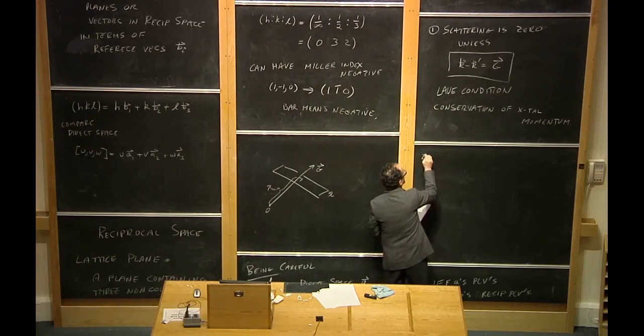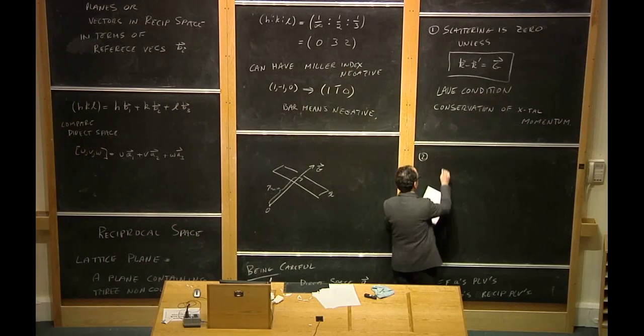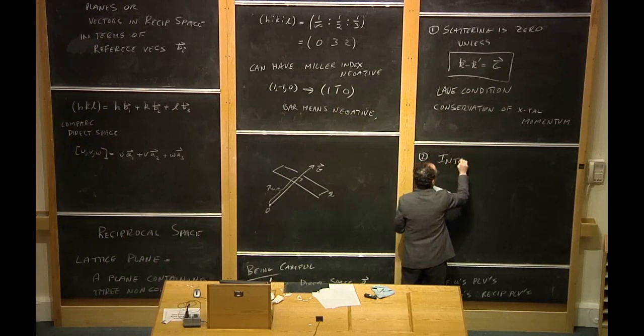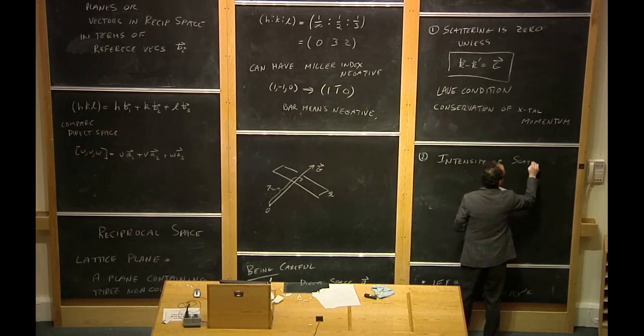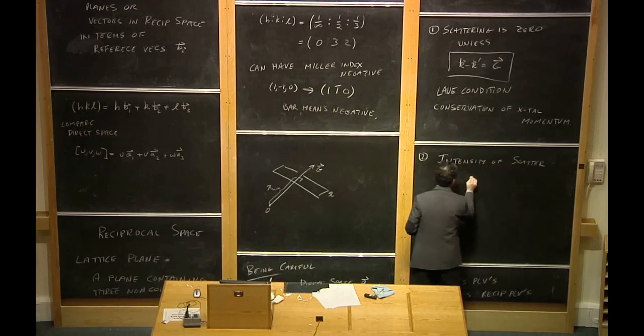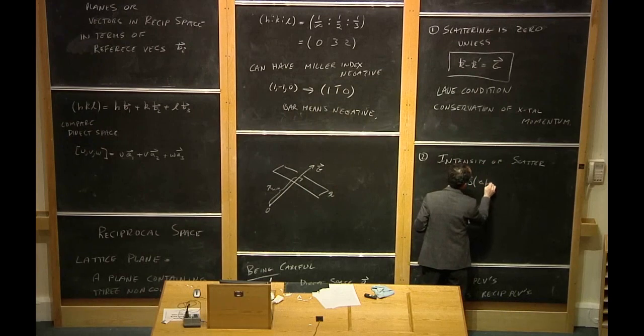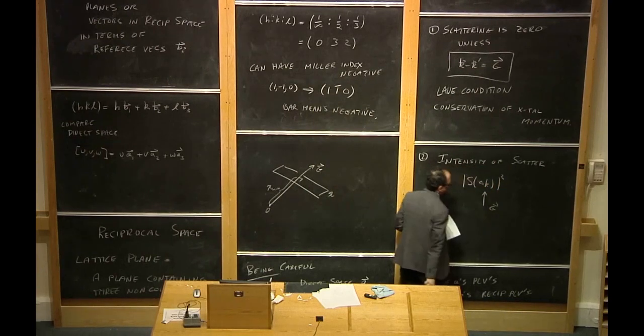The second important fact that we're going to use later is that the intensity of scattering is the structure factor S of delta k squared, where delta k is the reciprocal lattice vector G by which you've scattered.